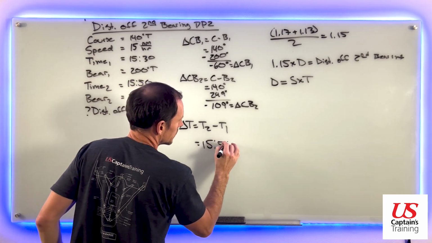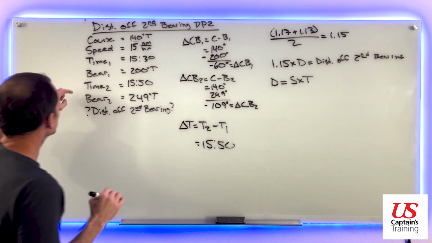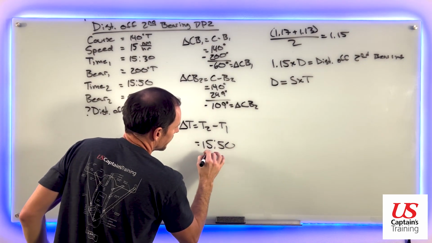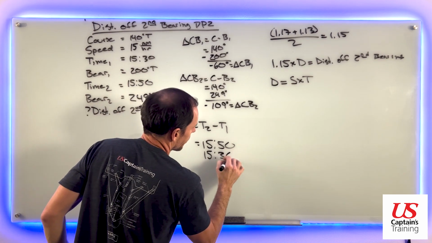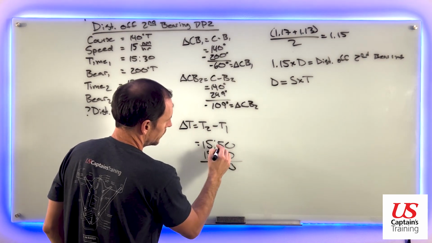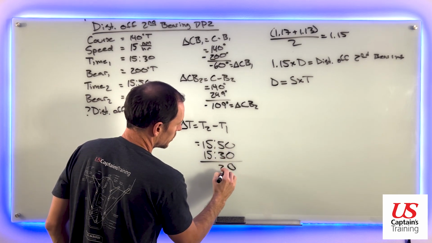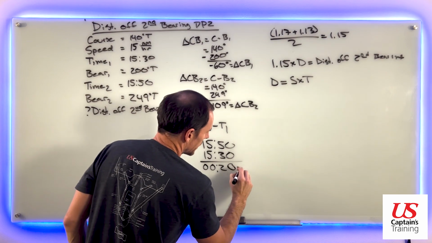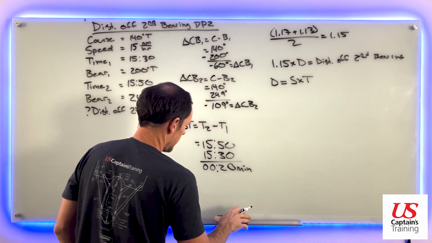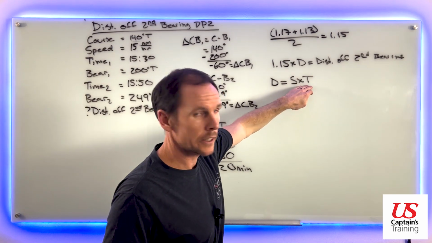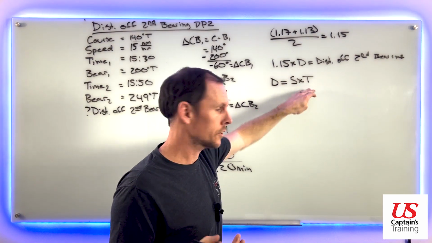Time 1, 15:30, 15 hours and 30 minutes. So 0 minus 0, 0, 5 minus 3 is 2, 15, 20 minutes. Okay, we have 20 minutes, but to put it in here, we need it to be in hours.